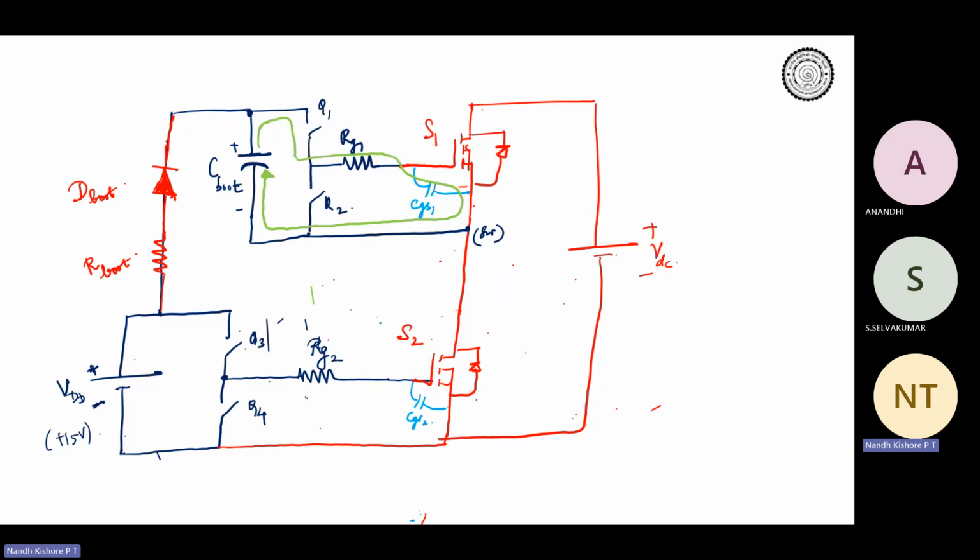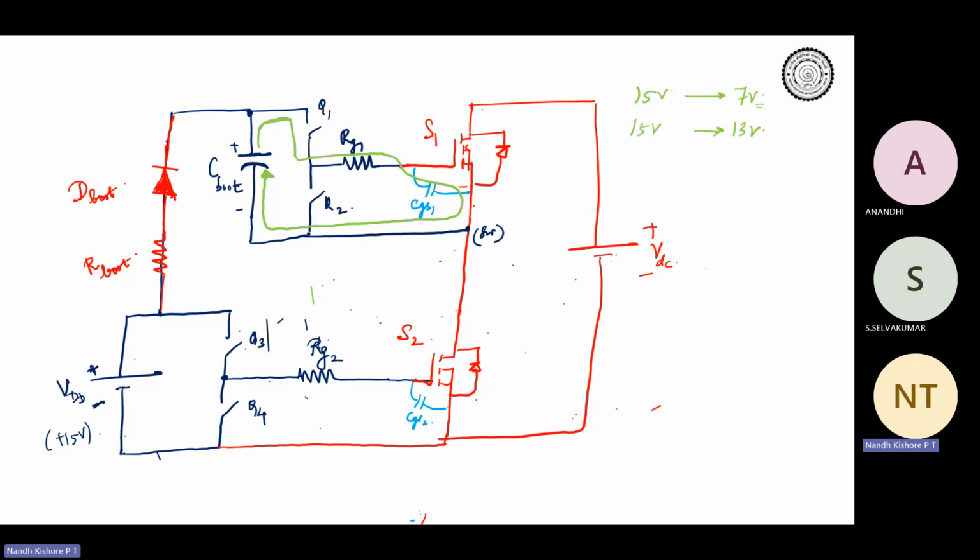What will happen if, let's say, I am at 15 volts, right? And in one case, I am falling from 15 volts to 7 volts. And in the other case, I am falling from 15 volts to, let's say, only 13 volts. So what is the difference between these two cases? Why shouldn't I fall from 15 volts to 7 volts? 7 volts is also greater than my threshold voltage.